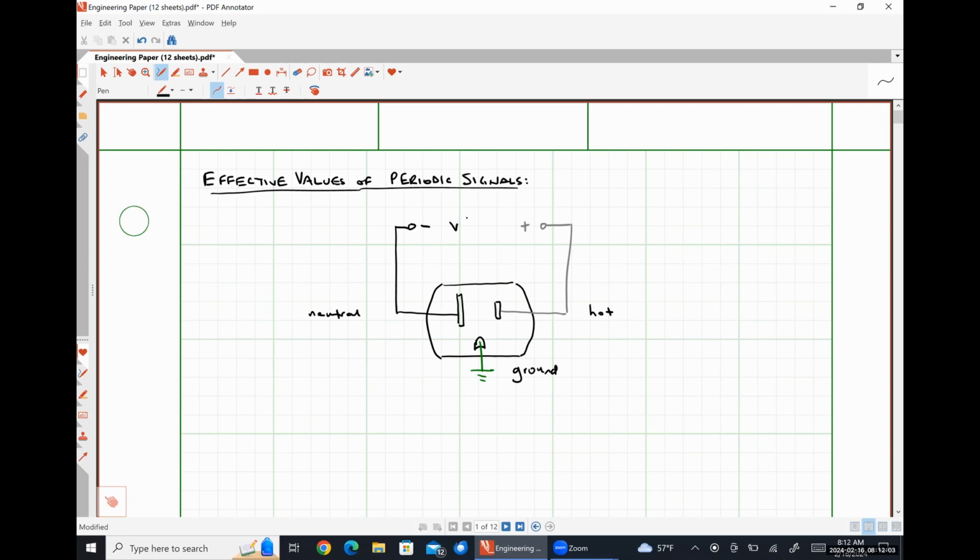And there is some time varying voltage that you'll see between the hot conductor and the neutral conductor. The neutral and ground are usually tied together at your load center, commonly called the breaker panel. That doesn't have anything really to do with what we're talking about today.